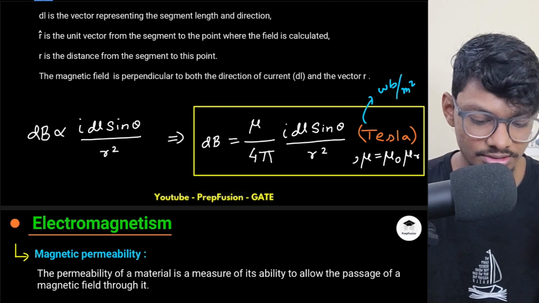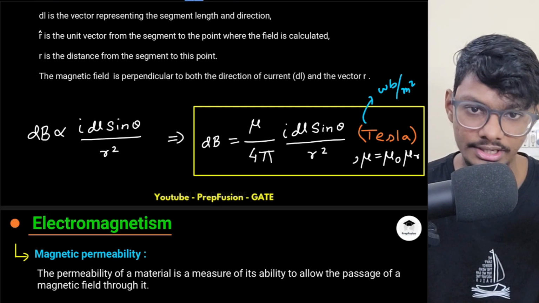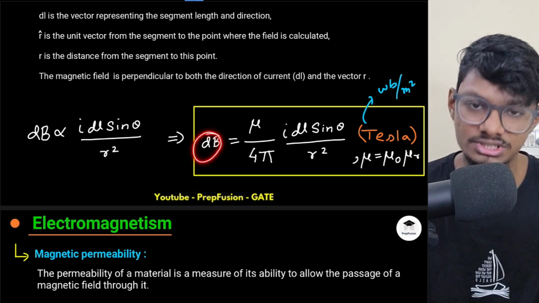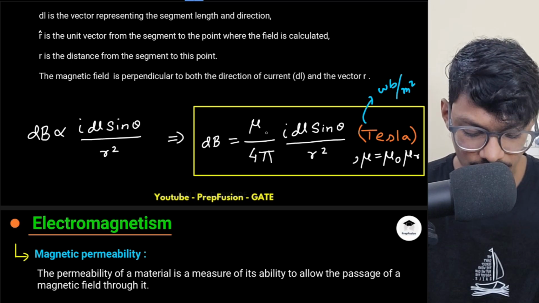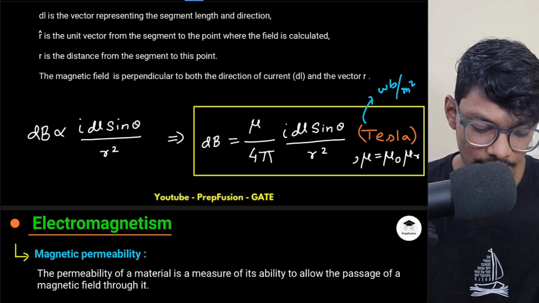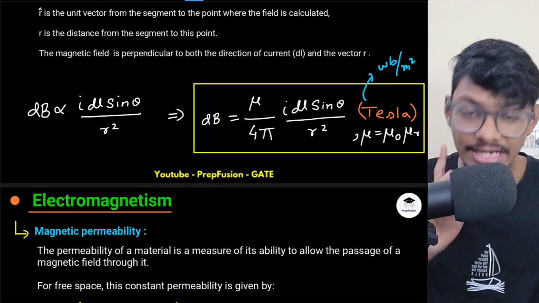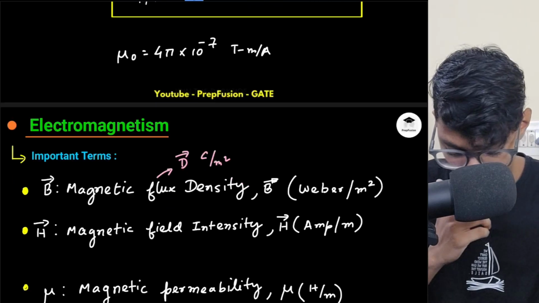I wanted to get rid of the constant, the electric permittivity that was there. To get rid of this constant, what will I do? I will divide by mu naught on both sides. That will give me the field intensity, which will be independent of mu naught, independent of the medium. So I want to get a term independent of the medium.